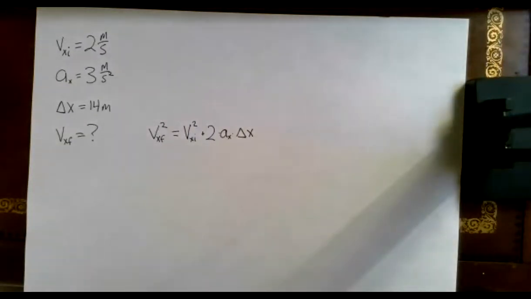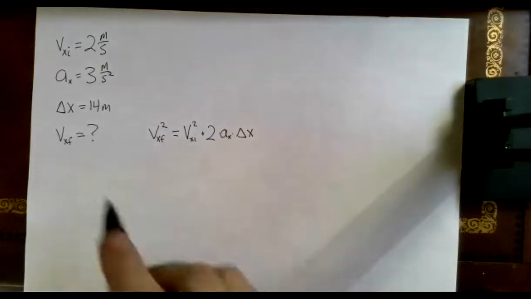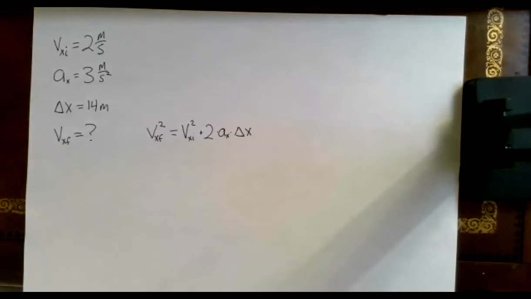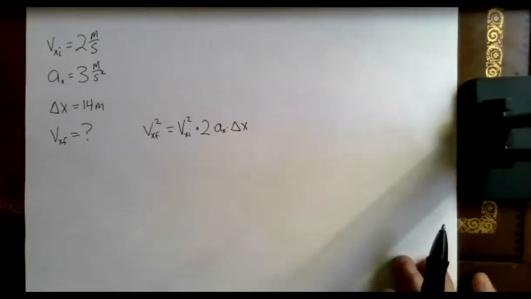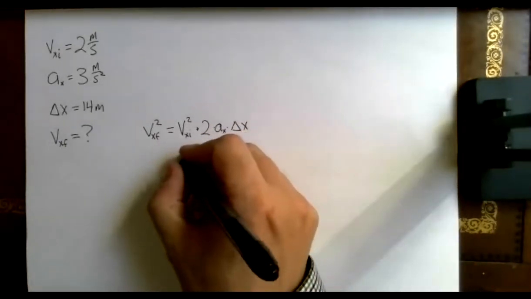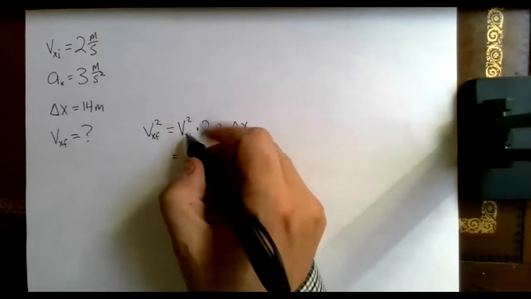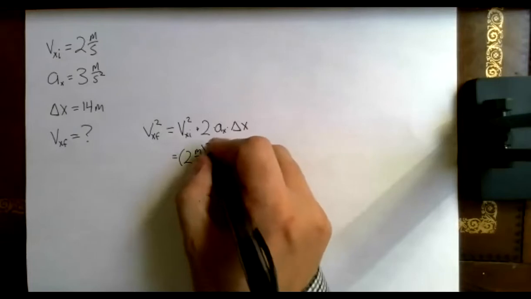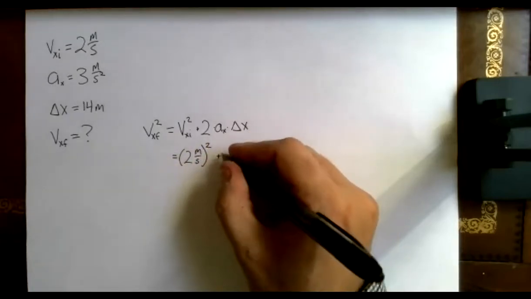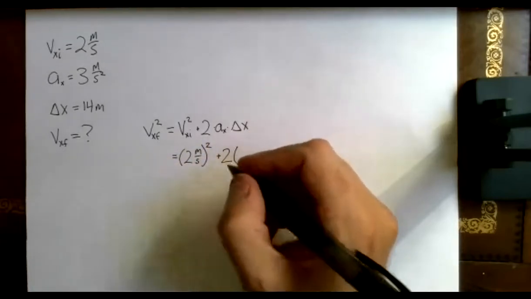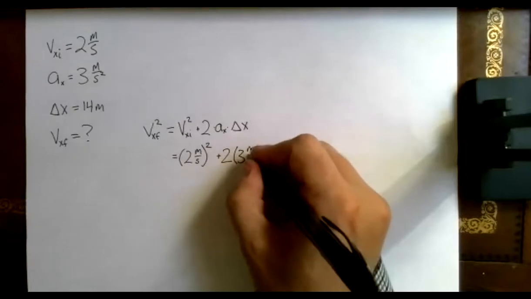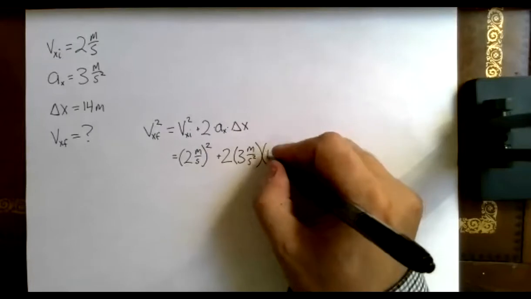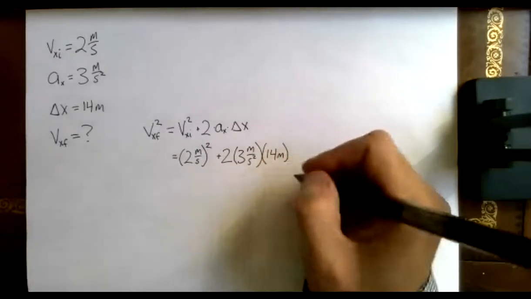And let's see, we don't need to rearrange today, right? Because the final velocity is already all by itself on one side of this equation. So we can go right ahead and plug in our numbers. Our initial velocity was 2 meters per second, we have to square that, then plus 2 times our acceleration, 3 meters per second squared, times the displacement, which was 14 meters.